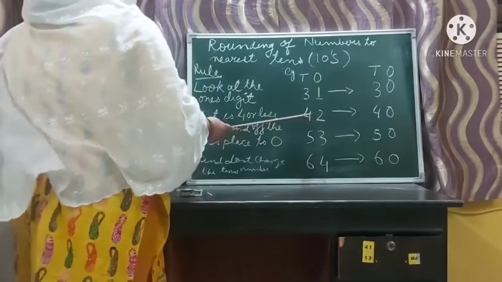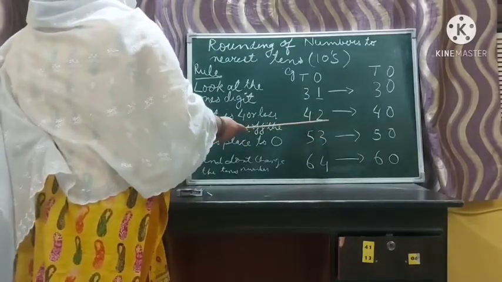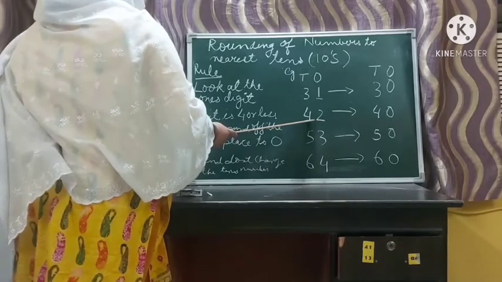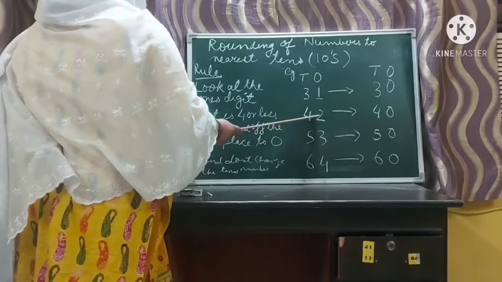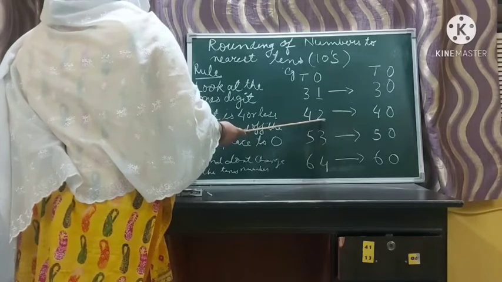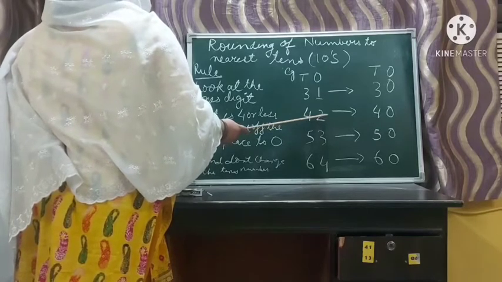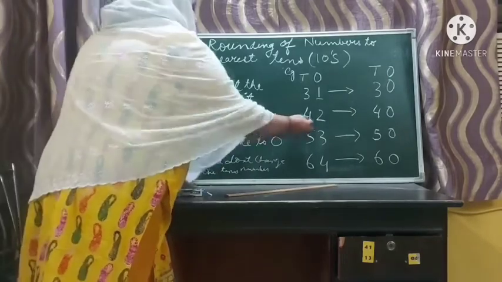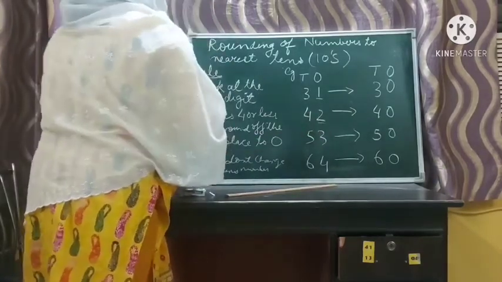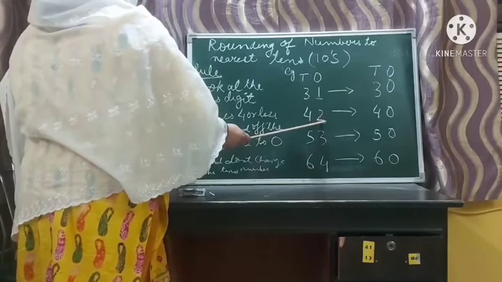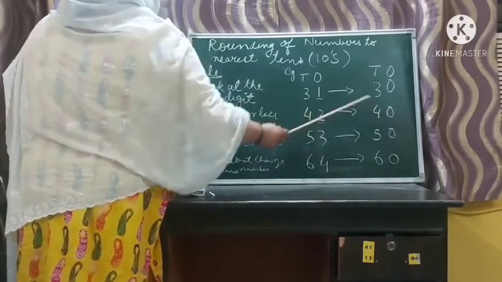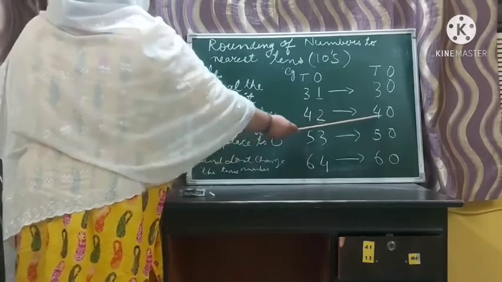Now see the second example, the number is 42. The ones place is 2 and the tens place is 4. So according to the rule, if the ones place is 4 or less than 4, what is the ones place here? The ones place is 2. 2 is less than 4. So instead of 2 you will write 0 at the ones place and copy the tens place as such.